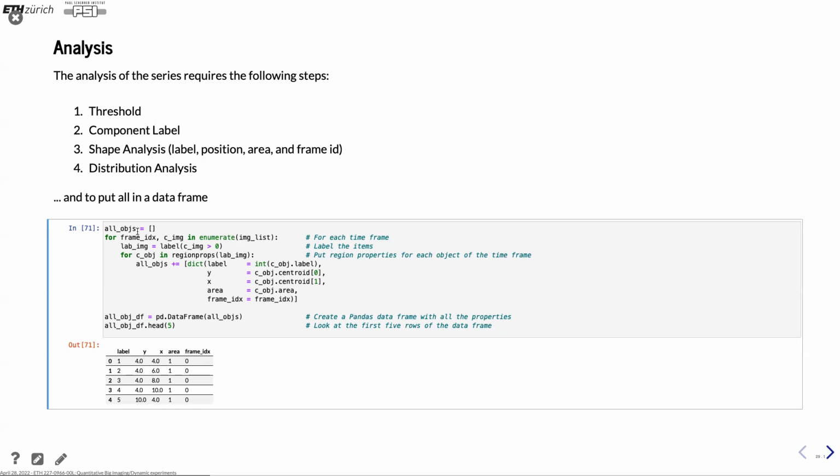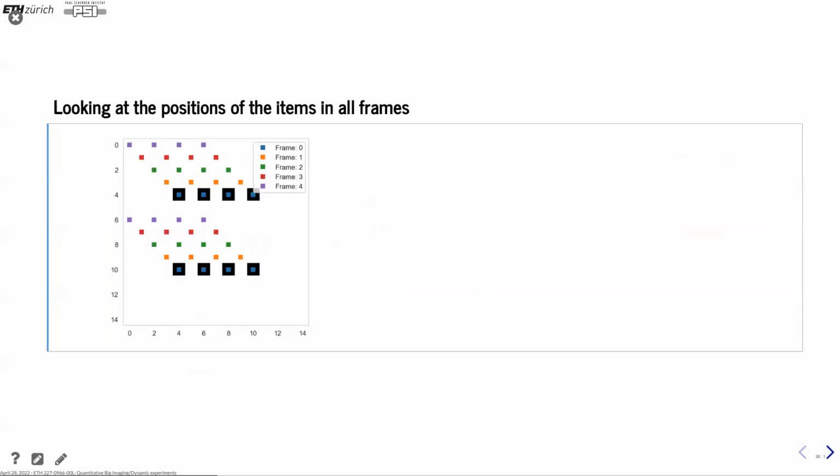It's a small example, and it goes on like this. We have quite many of these rows in the table. And if we sum up all the frames, we can see that it looks like this. The color coding is per frame, and you can see that it's nicely moving diagonally up.